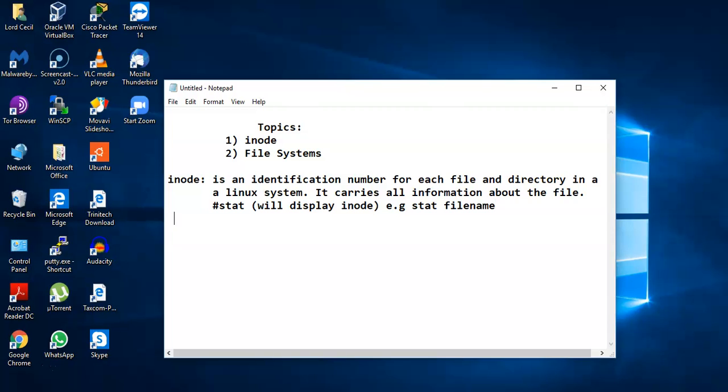Same thing for a directory. The second is ls -il then the file name. This will also display inode information and a lot more actually. So these are the two commands we will be working with.